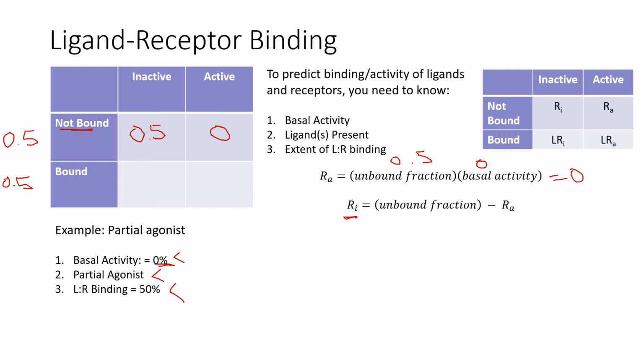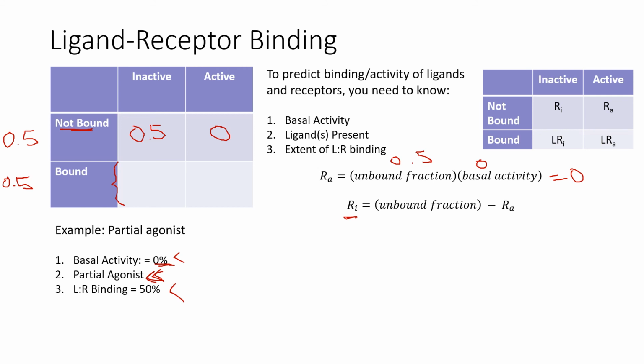Now we can find Ri. Oh wait, no, we already found Ri. And so how do we find these bound proportions? Well, we know that it is a partial agonist. So it means that most of the receptors, when bound, are going to be positive or active.